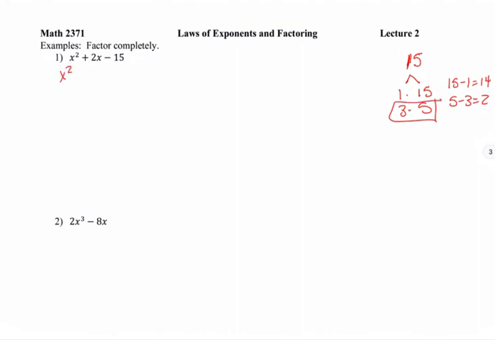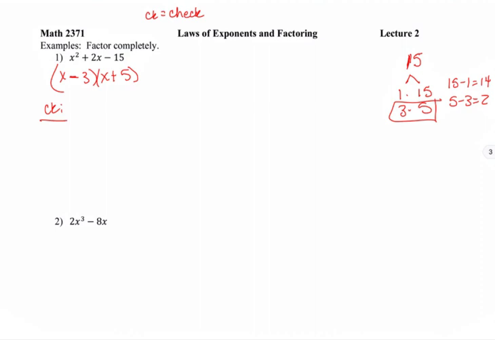I'm going to have x and x, 3 and 5. Since this is a minus sign, that means my greater factor gets the plus sign, my smaller factor gets a minus. Now, I'm going to check. CK equals check.